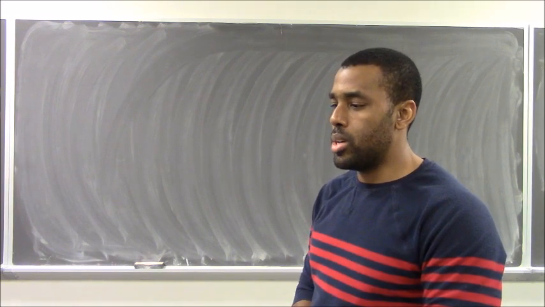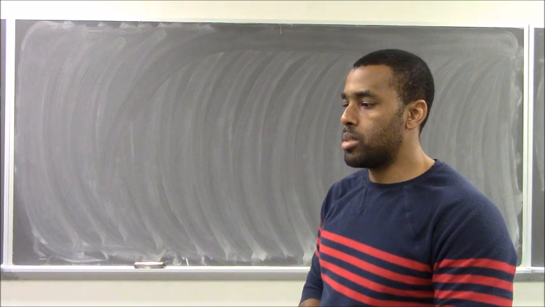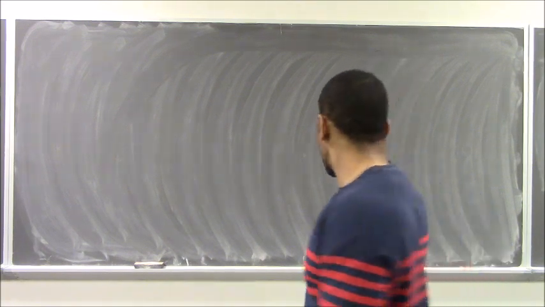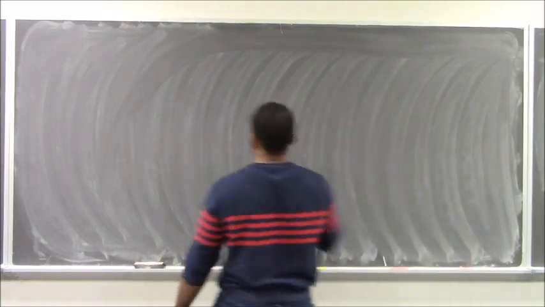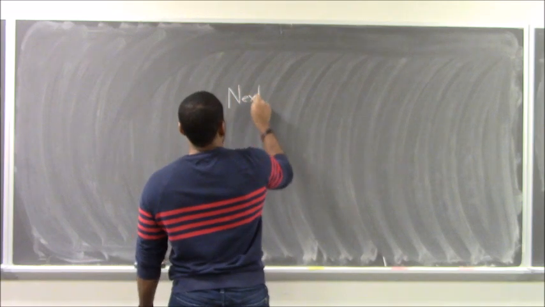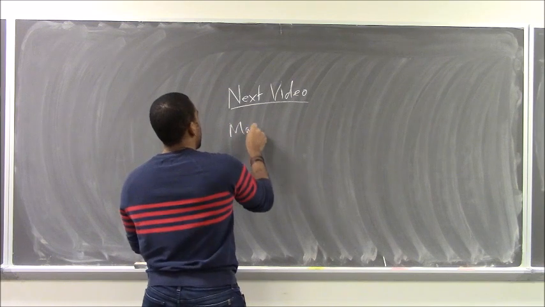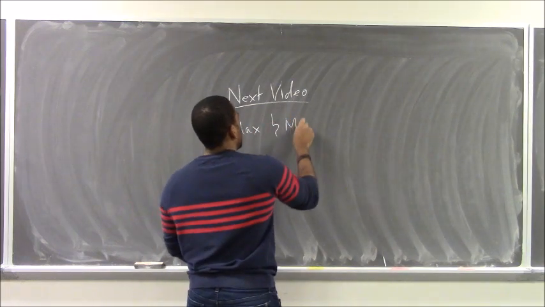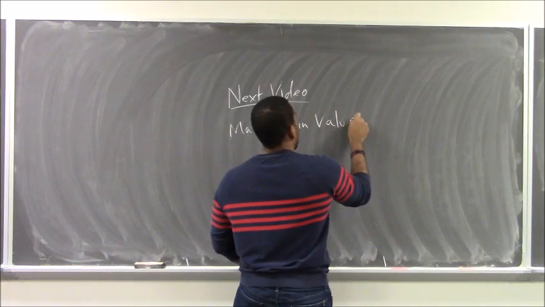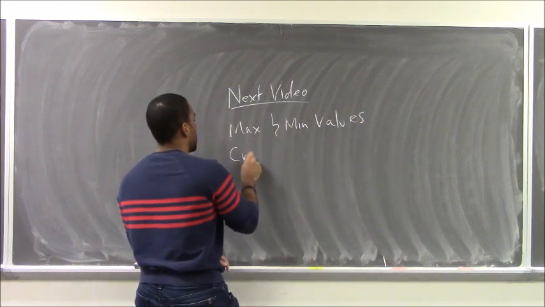The next thing I'm going to talk about is maximums and minimums, absolute max and mins. Max and min values. I'll talk about something called critical points.